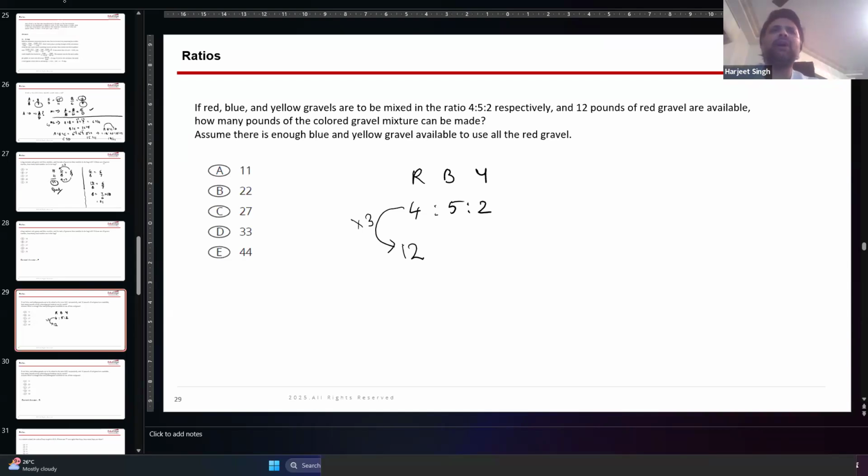And can I say we need total pounds of the entire colored gravel mixture, which is R plus B plus Y. So when I look at these ratios, it's 4 plus 5 plus 2, which is 11. And if I multiply 11 by 3, I should get the total.